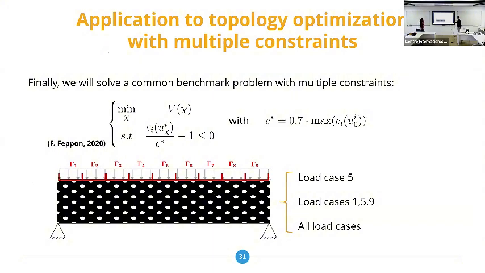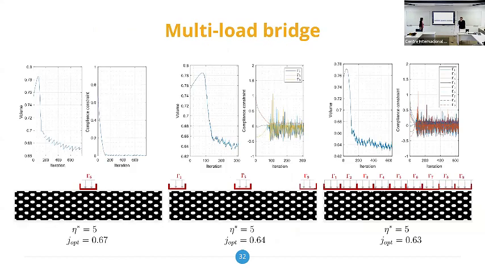Here in this problem, I minimize the volume and I implement a lot of compliance constraints. So if I give more importance to the constraints, I'm giving more importance to obtaining a design with maximum stiffness rather than minimizing the volume. It depends on my application, of course, but if I'm interested in maximizing the stiffness, in this case maybe I should select the high eta.